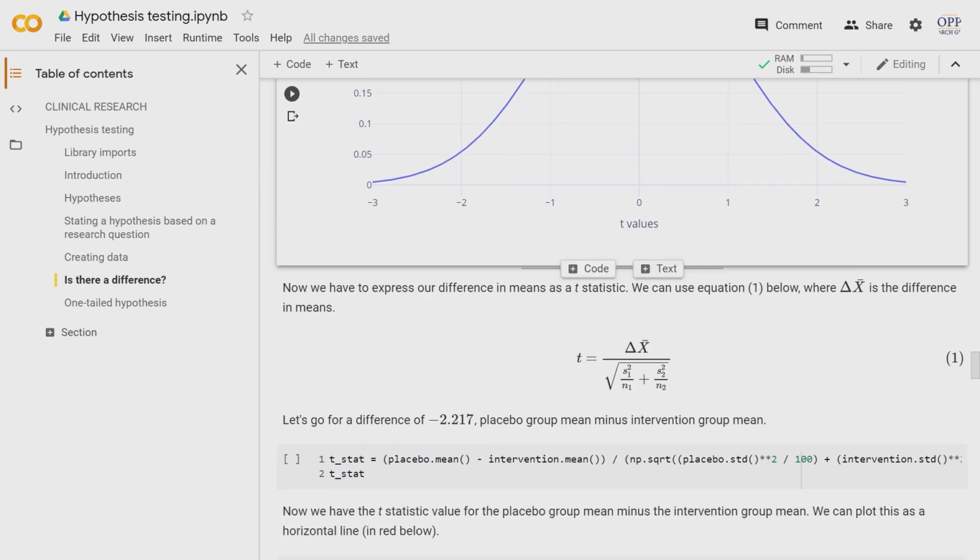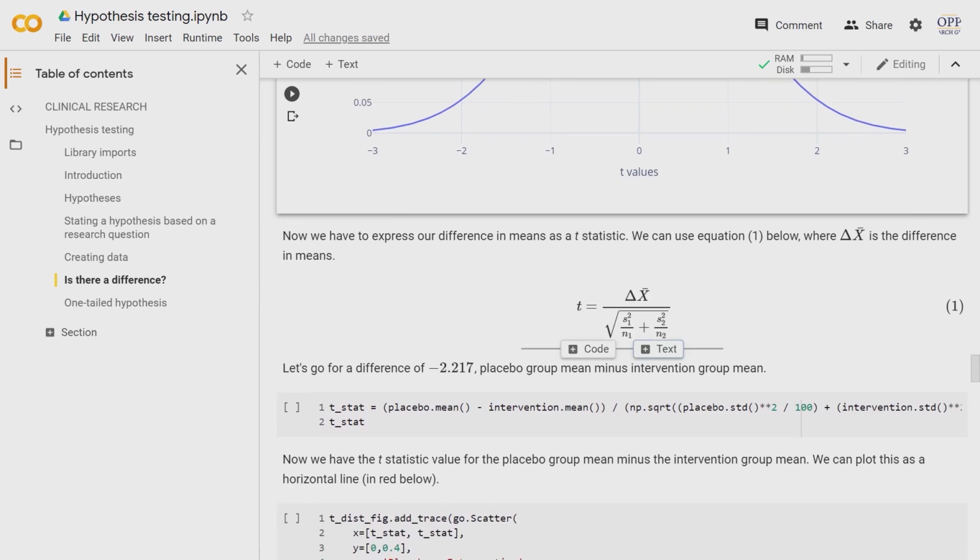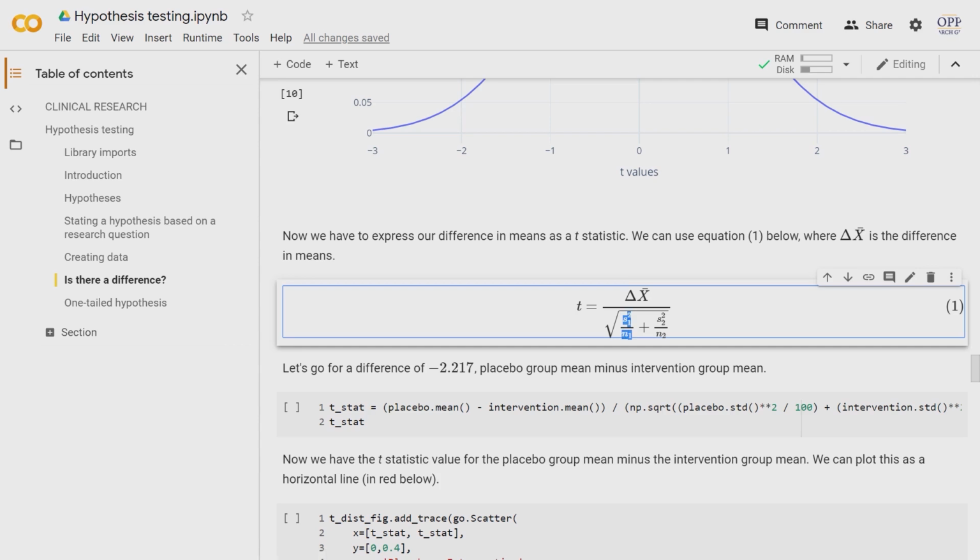But this is the t-statistic, and here's your little equation for doing this. So we divide the difference, this delta x, this group 1 minus group 2, the mean, and then we have the variance, that's the square we see here, that's the square of the standard deviation, remember it's the variance. So we divide the variance of group 1 divided by how many there are, and we add to that the variance of group 2 divided by how many there are.